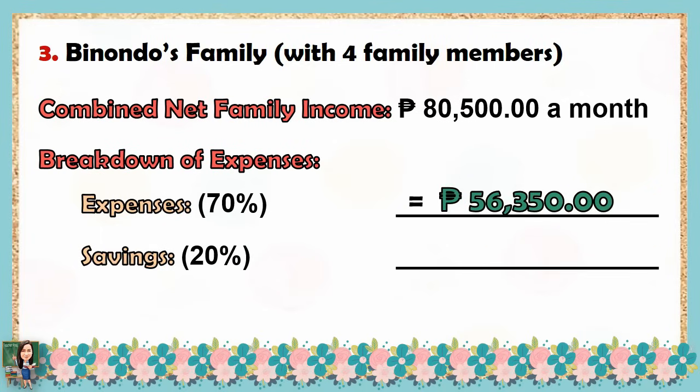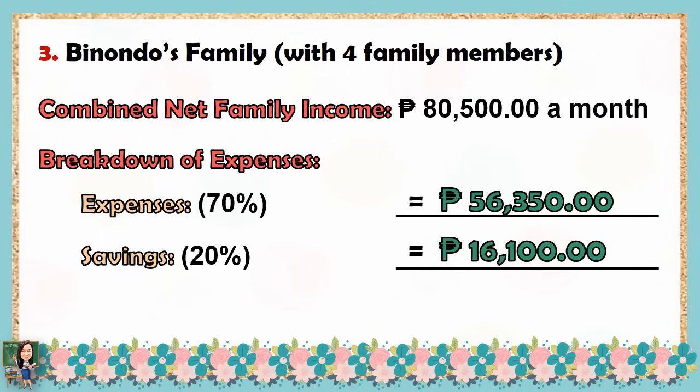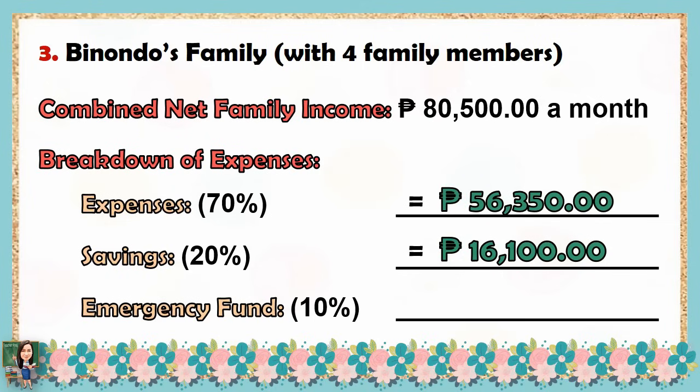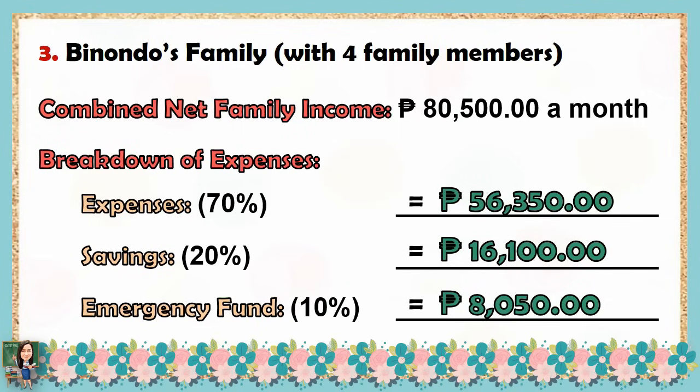Savings, 20%. 20% of 80,500 pesos is 16,100 pesos. This is for their savings. Emergency fund, 10%. 10% of 80,500 pesos is 8,050 pesos. This is for the emergency fund.